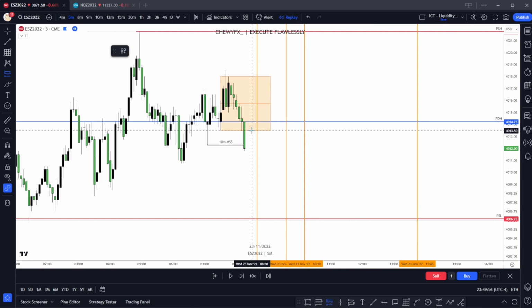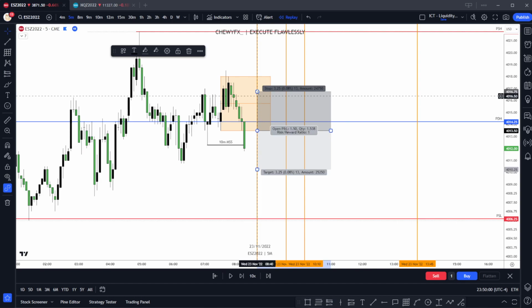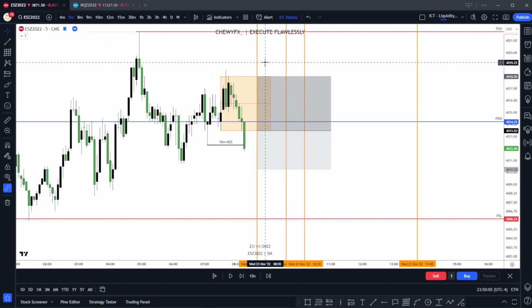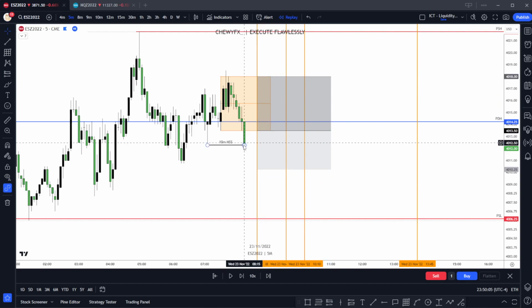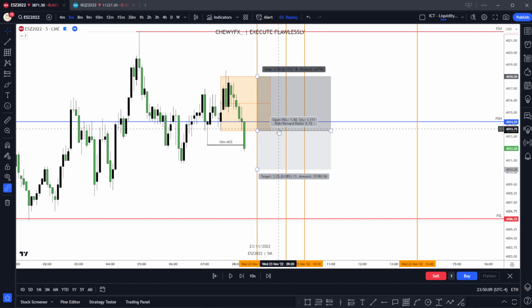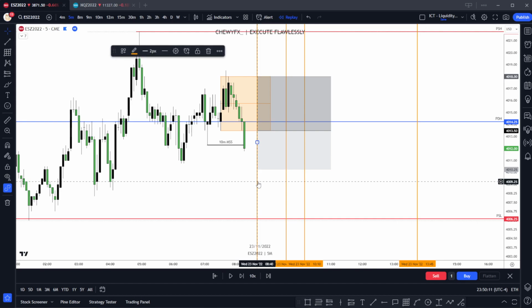But if the entry occurs before 8:40, I'm not going to enter. However, as long as we don't have that 10-minute break of structure, say if the market keeps on going down and then it comes back up, as long as the entry doesn't happen before 8:40 and it doesn't get invalidated, then we can still take this entry.